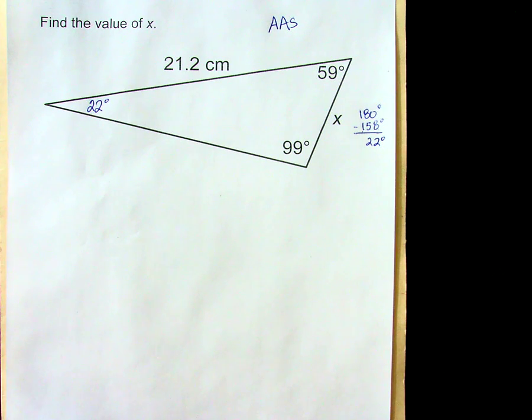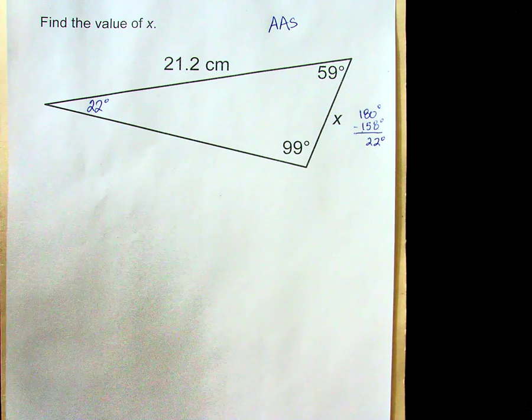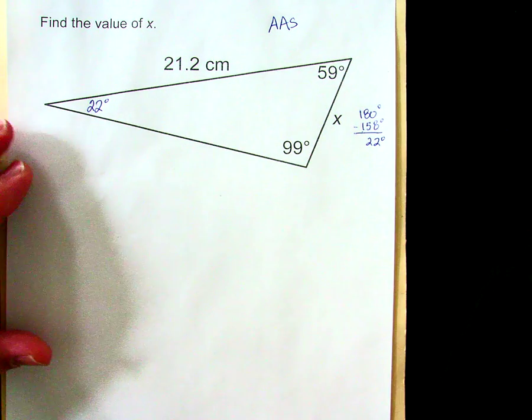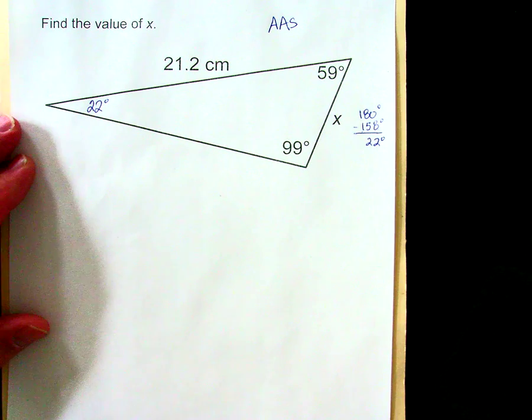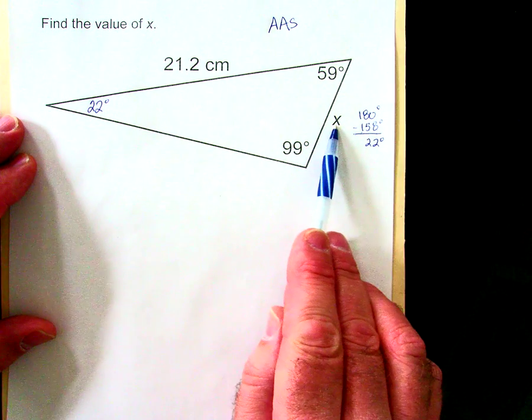So I can use the law of sines. I'm going to use the version of the law of sines where I have the side lengths in the numerator, because that's where my variable is.